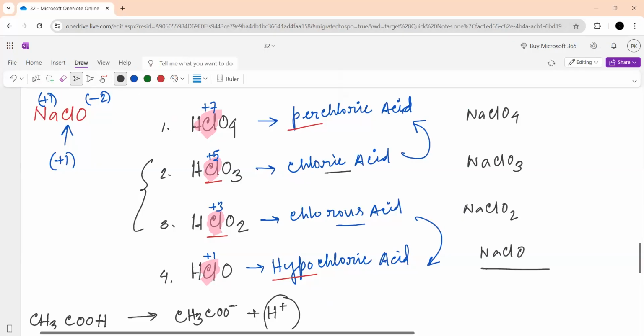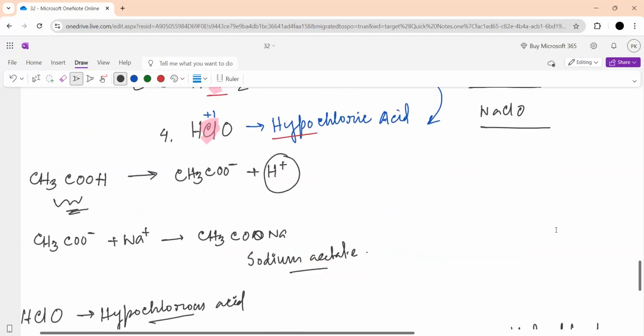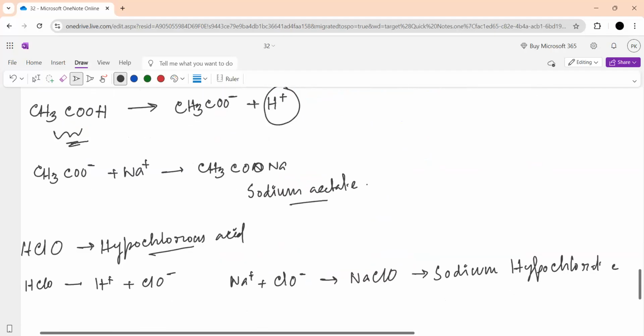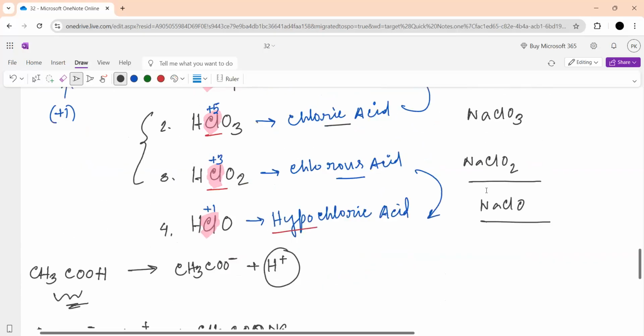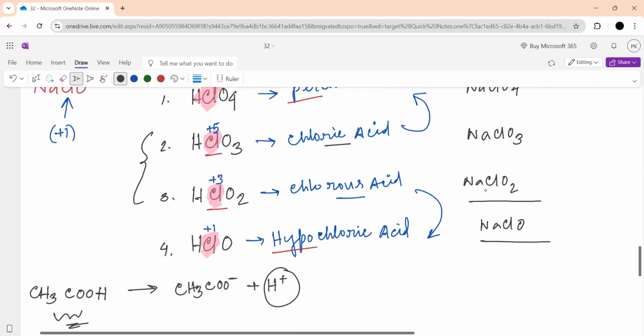So this one is sodium hypochlorite. This one is sodium chlorite.